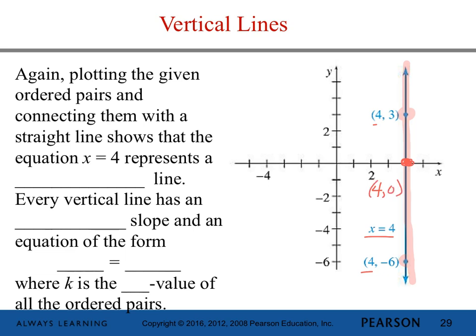So this is a vertical line. And every vertical line has an undefined slope. Its equation is of the form x equals k, where k is the x value for all the ordered pairs.